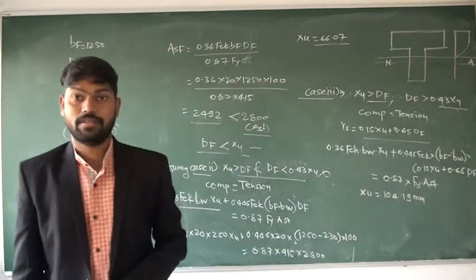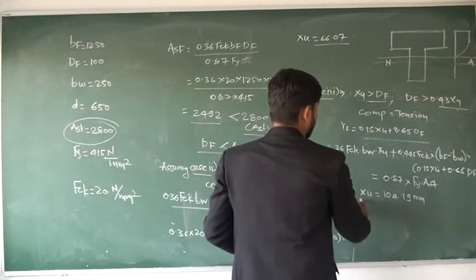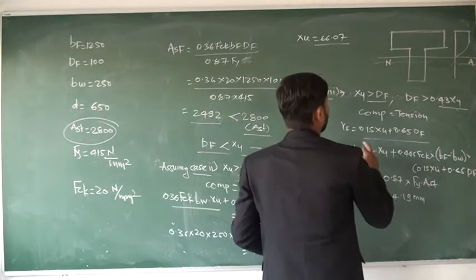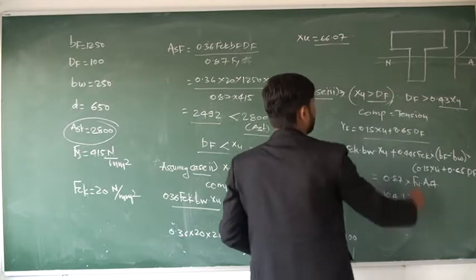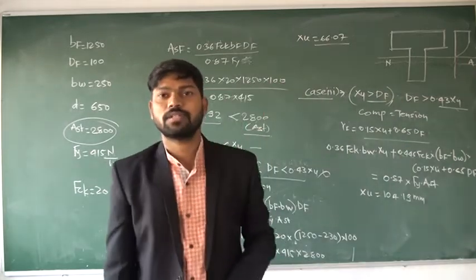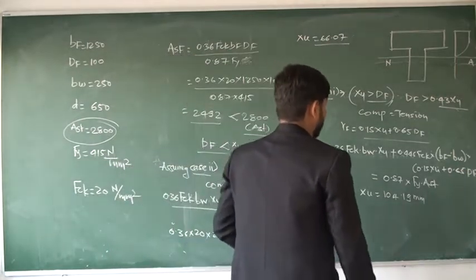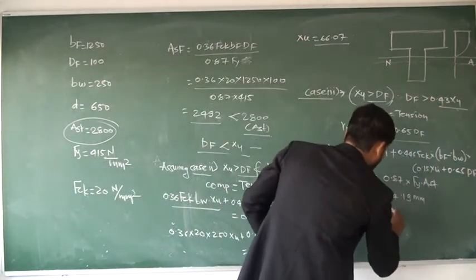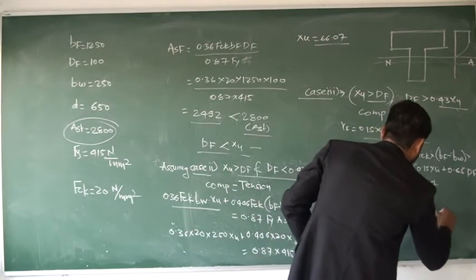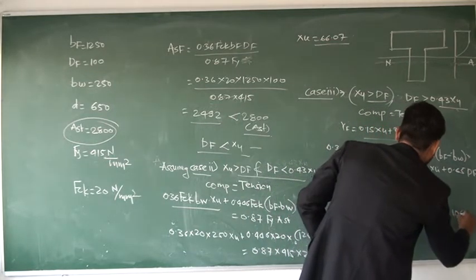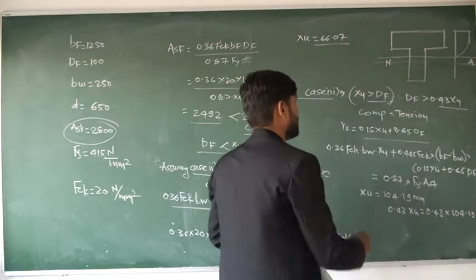Now we will check whether this xu value satisfies our assumption. This xu is 104.19. It means xu is greater than Df. Okay. Now we have to check what is 0.43 xu. So 0.43 multiplied by 104.19. This value should be less than Df.